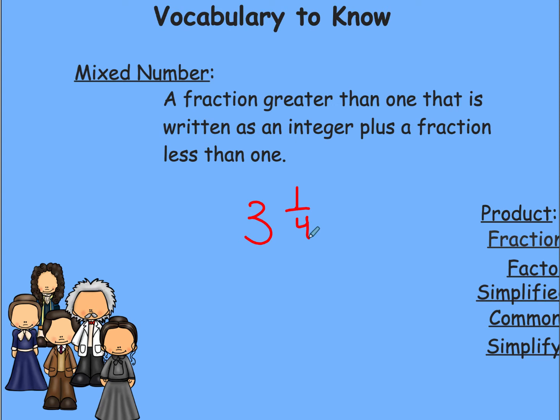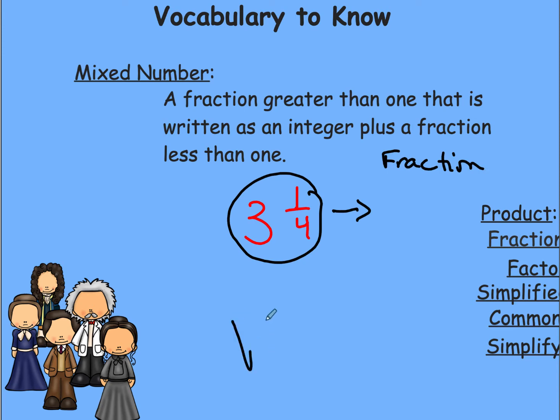The process to convert a mixed number to a fraction is as follows. So 3 represents a whole number. The 1 represents the numerator, and the 4 represents the denominator.